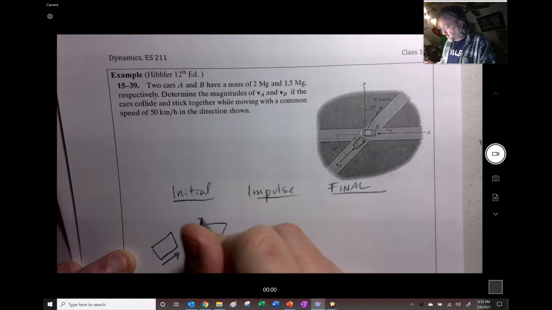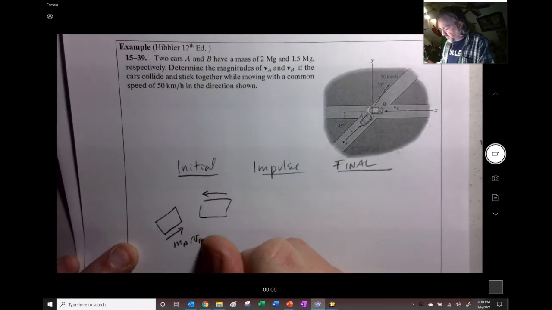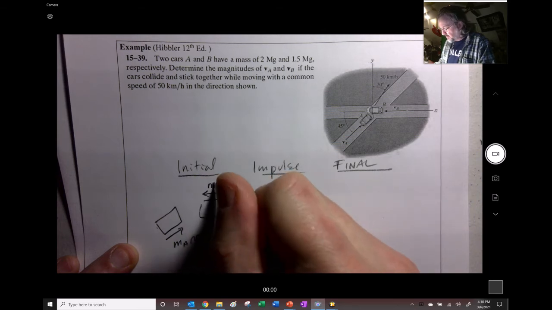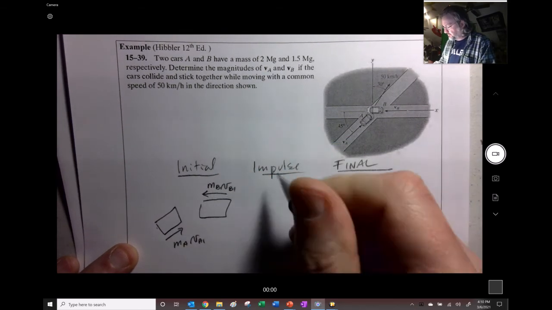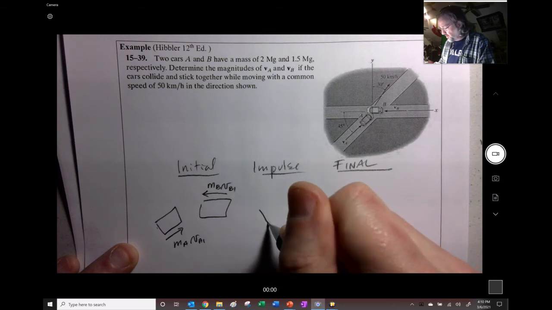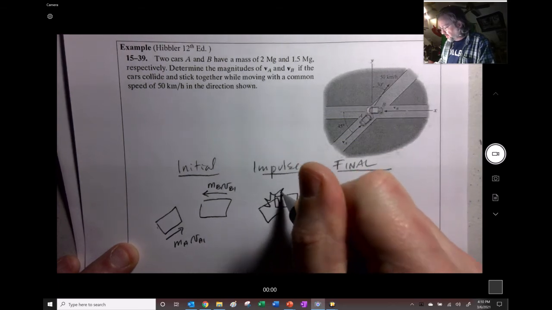So this guy is going to have MA VA1. This is MB VB1. Now we're going to have our impact right here, and I like to draw a little explosion.